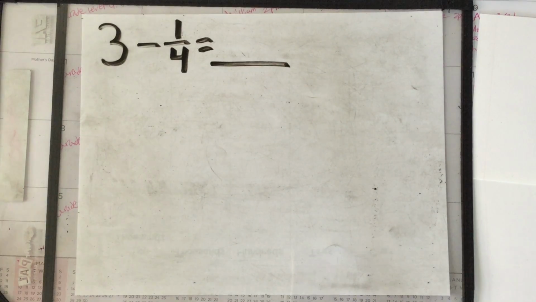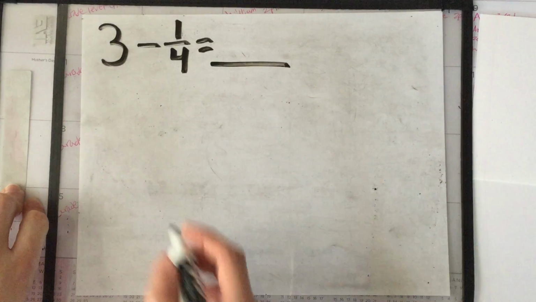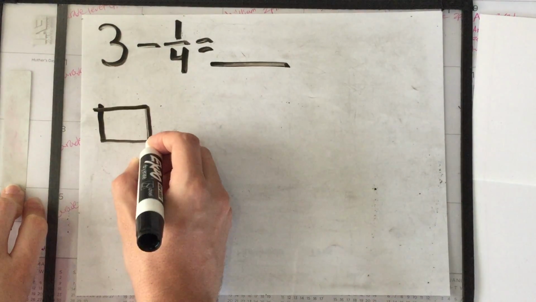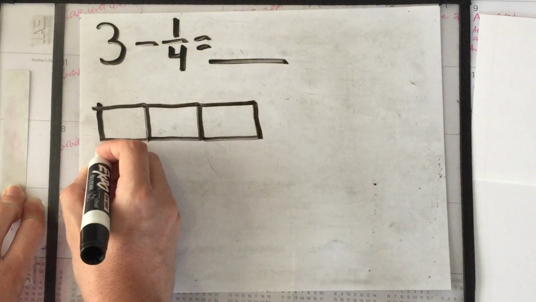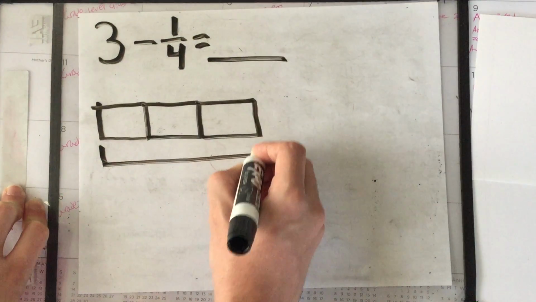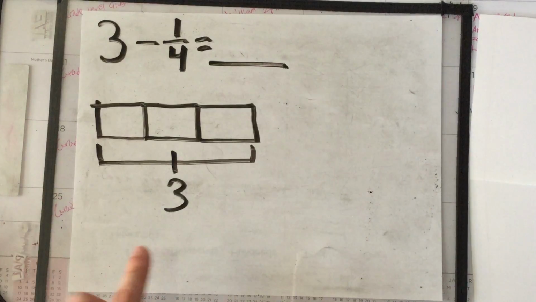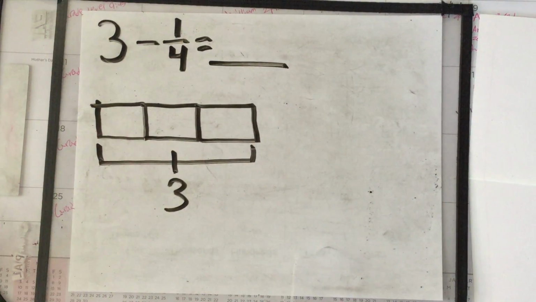Well, I'm going to start by putting this into a tape diagram. Let's see here. I have 3 whole pieces. 1 whole piece, 2 whole pieces, 3 whole pieces. This tape diagram is showing me that each box is worth 1, and I have 3 of them.